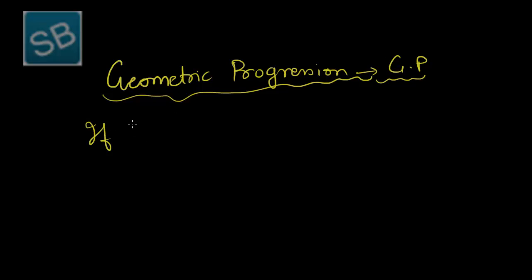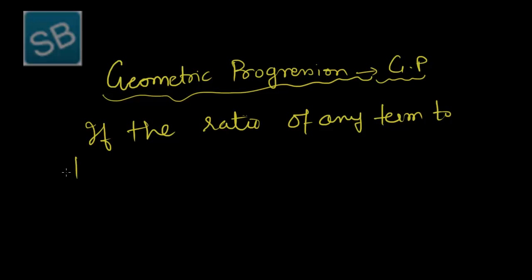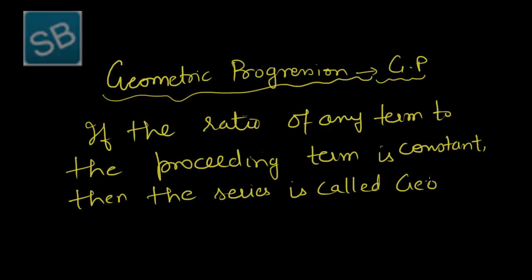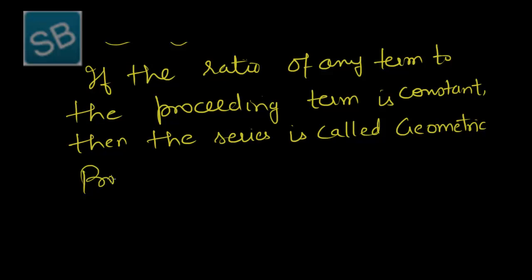So if the ratio of any term to the preceding term is constant, then the series is called geometric progression, that is GP.